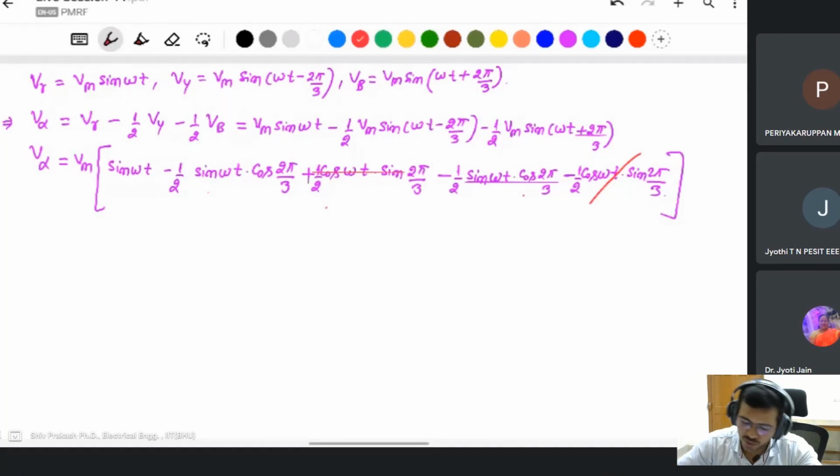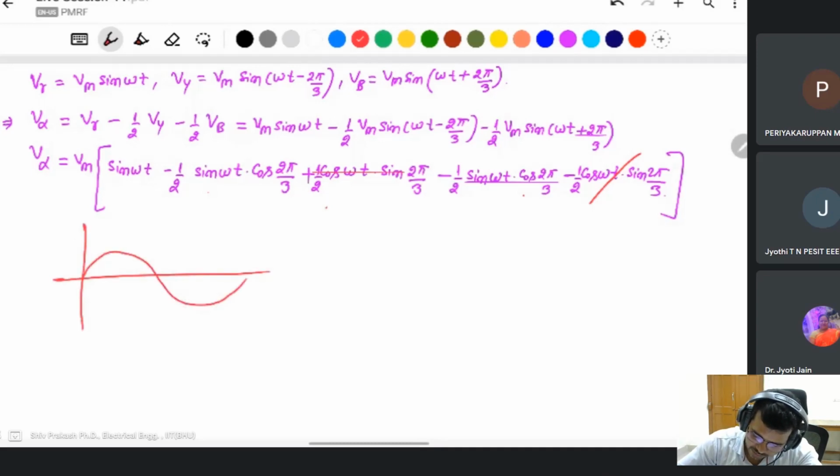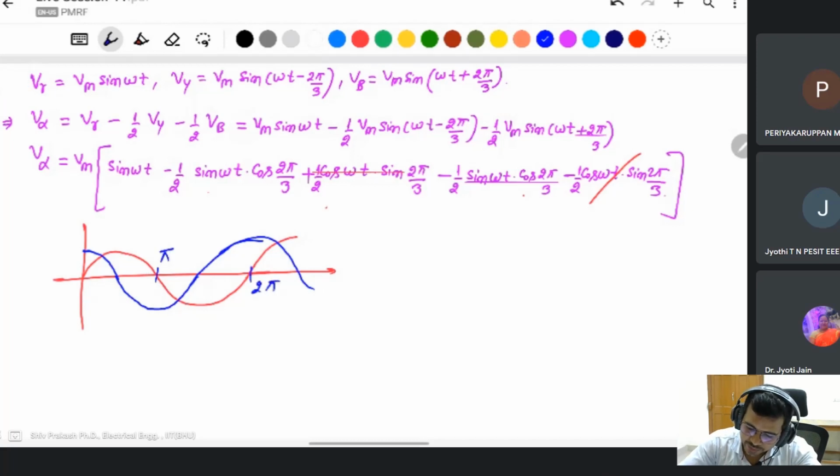If you have some confusion, then simply draw it. This is the sine. What is the cosine? Like that. This is pi, 2 pi. The question is cos 2 pi by 3.